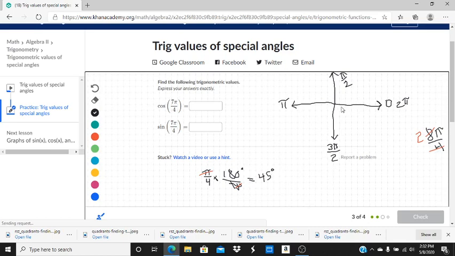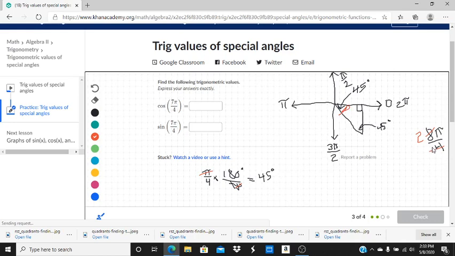So what we essentially have here is we're going back 45 degrees. The reference angle is 45, and we're going to use this angle to figure out our values.